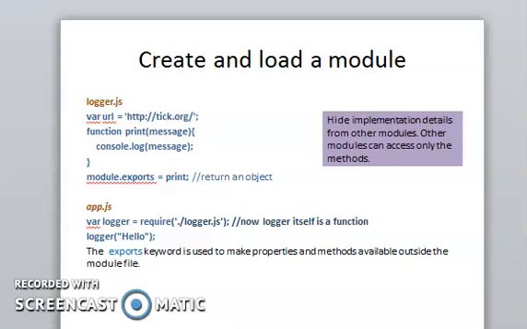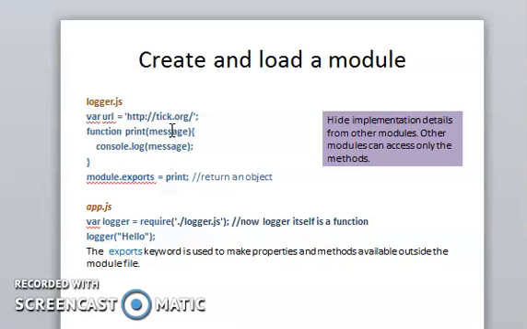Actually, a module is a function, a complex function or a simple function. We can reuse those functions. In this case, this function print message is a function which we are using in our Node.js applications.